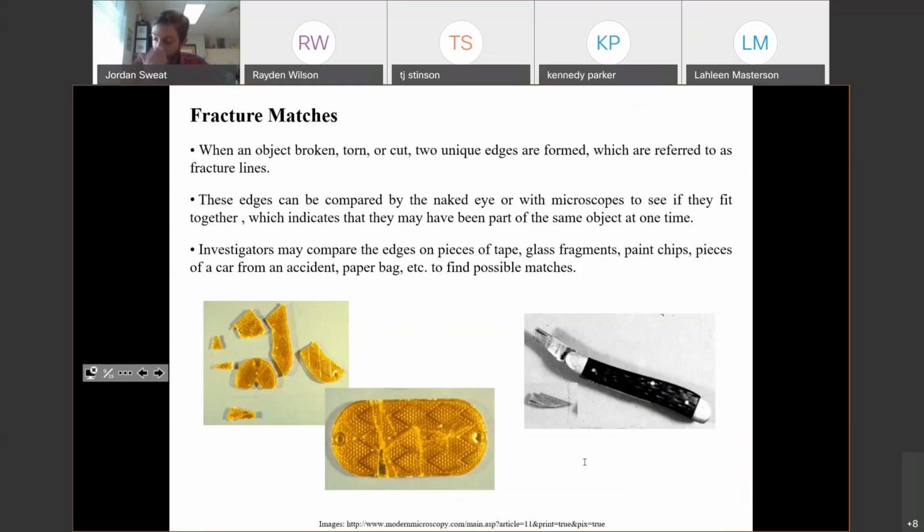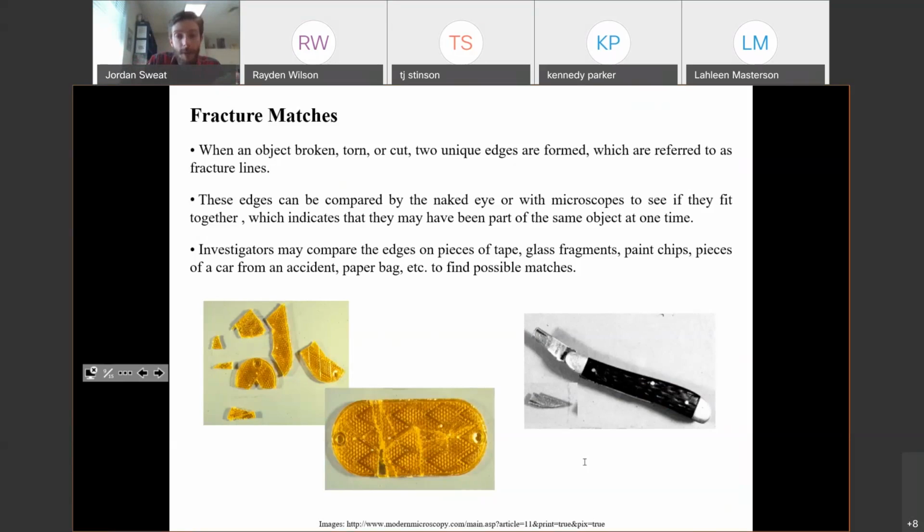Somebody tell us, what's a type of evidence that we could use to identify fracture matches? Just think about it. What's something that we could examine the fracture lines of? You can examine the fracture lines of a piece that got broken.